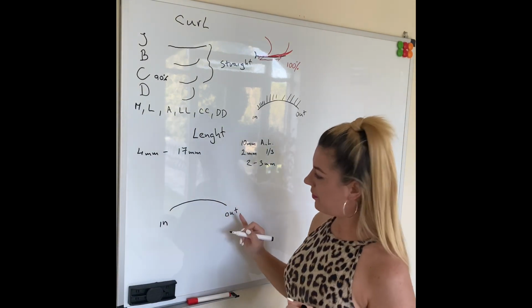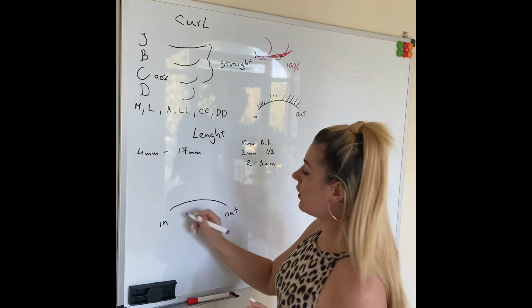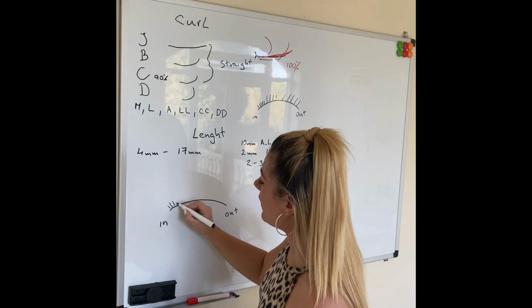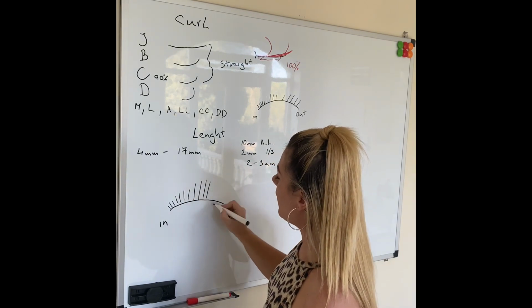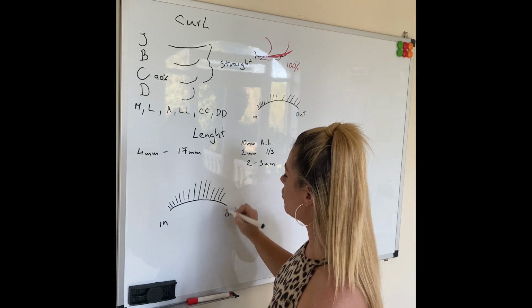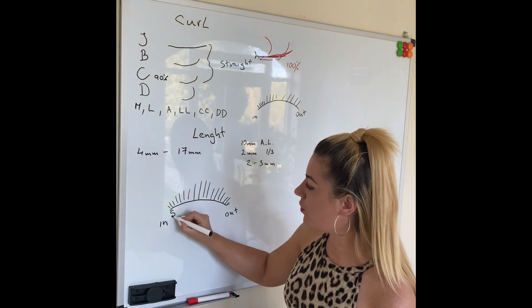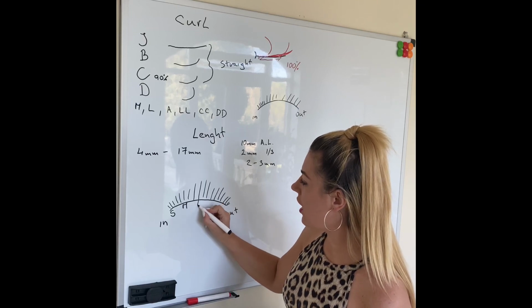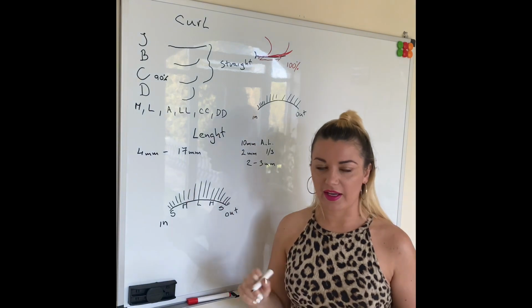So this is how the eye looks: that's the inner corner, that's the outer corner. You've got short lashes in here, then slightly longer, in the middle the longest, then slightly shorter, and the outer corner would be short again. So you go small, medium, large, medium, and small again in the outer corner.